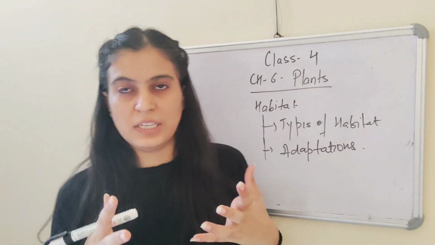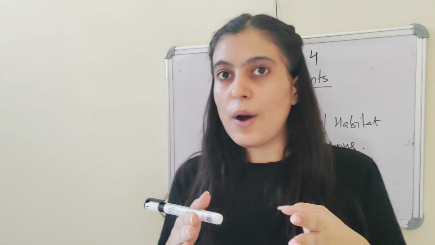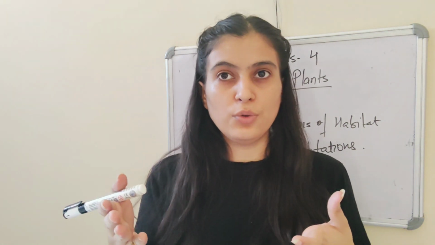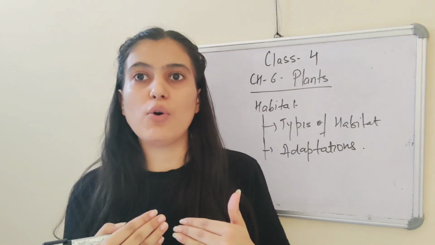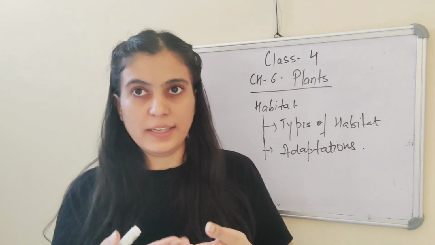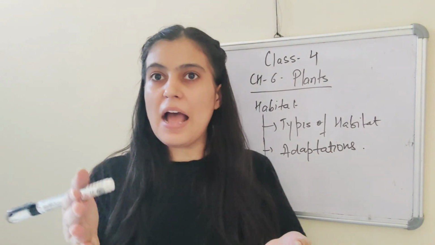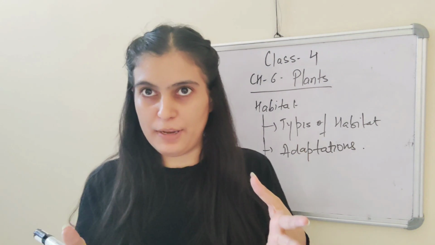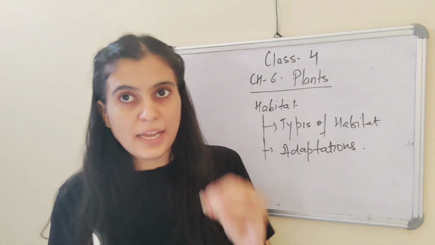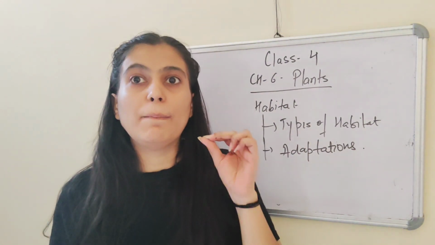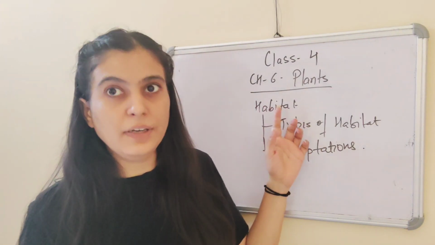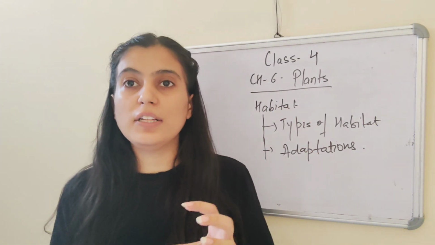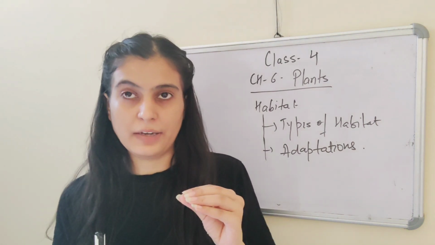So with this we can say that plants require different conditions to grow, and they have different environments so that they can grow. The environment in which the plants grow is called their habitat. It is called their natural habitat.